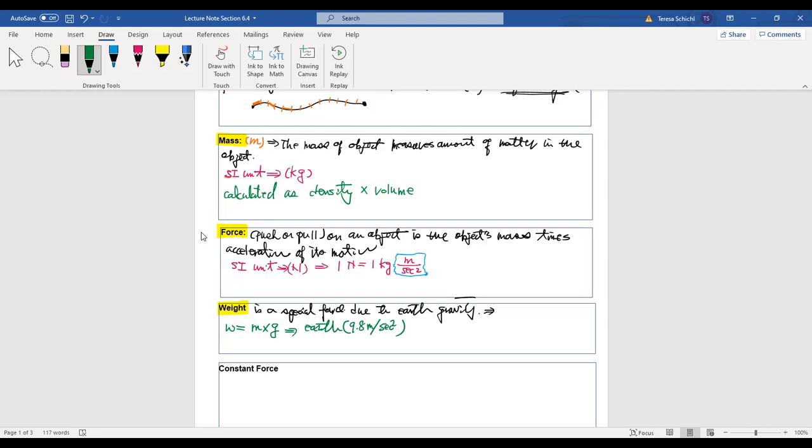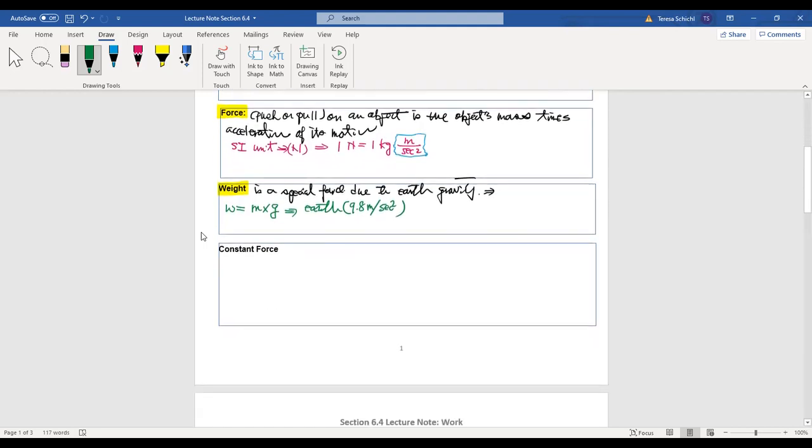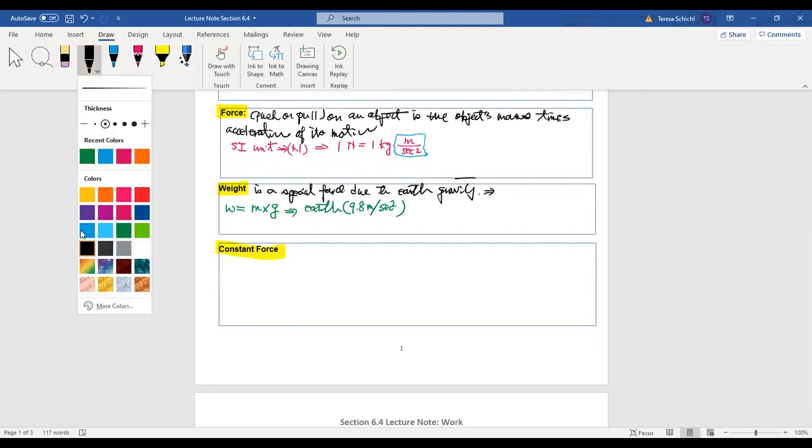All right, now we're going to talk about another one. Then we can start to take a look at some very basic examples. It's a constant force. So what is the work done by a constant force?